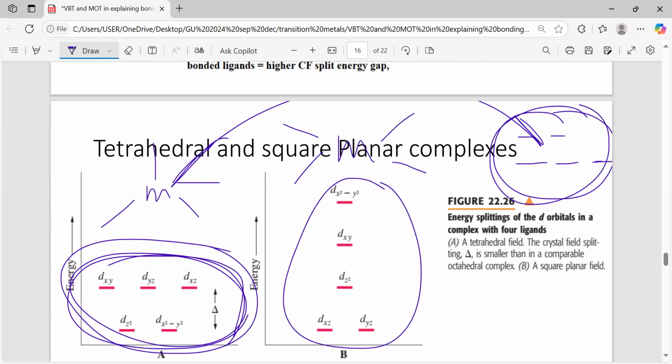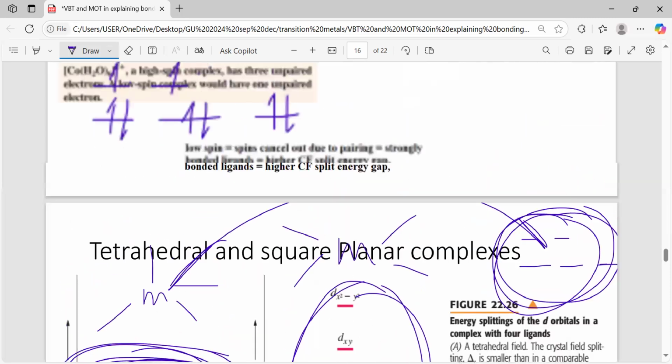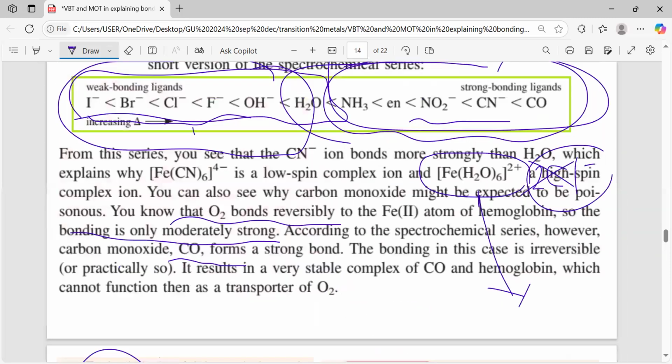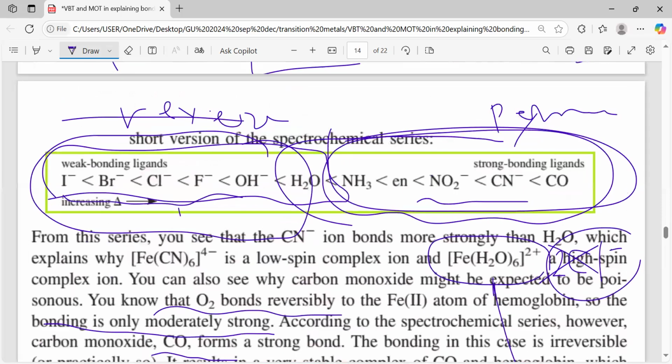So in terms of examination purposes, I'll have to provide these splitting patterns. Then your work will just be to apply these splitting patterns to determine the magnetism of that compound and whether it is high spin or low spin. Again, we may not have to cram the spectrochemical series.